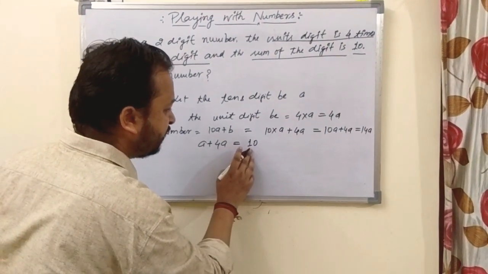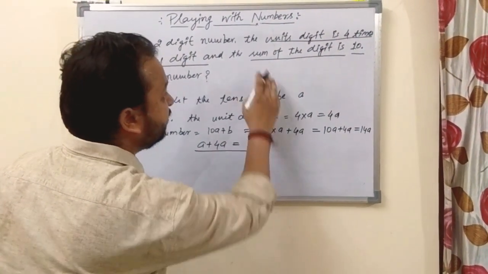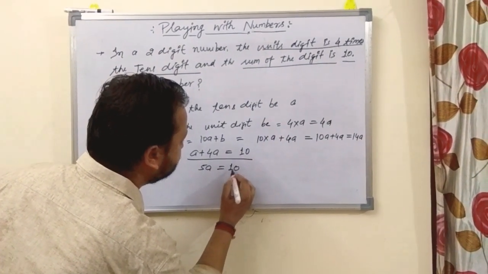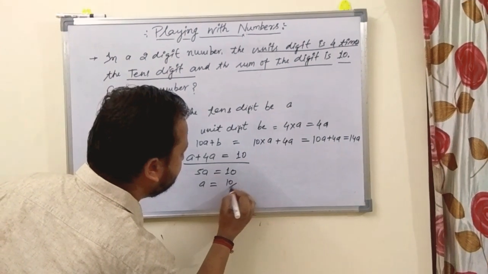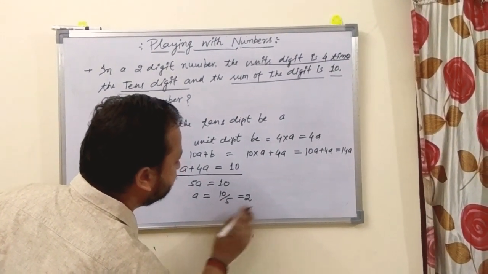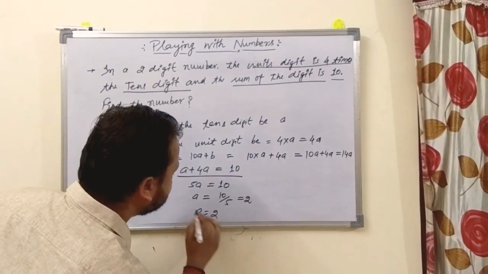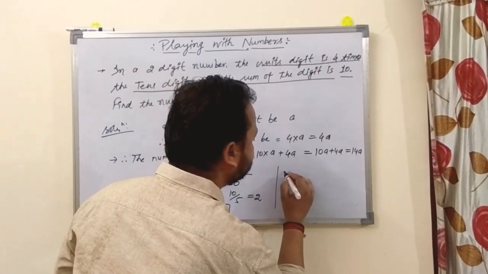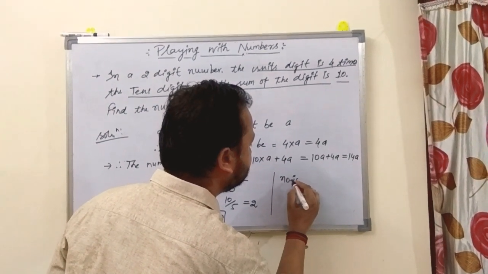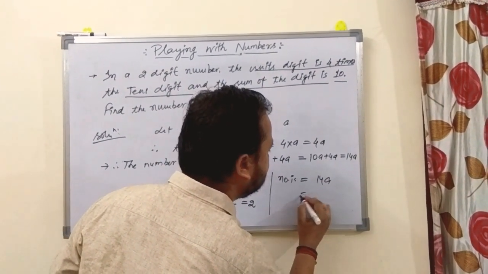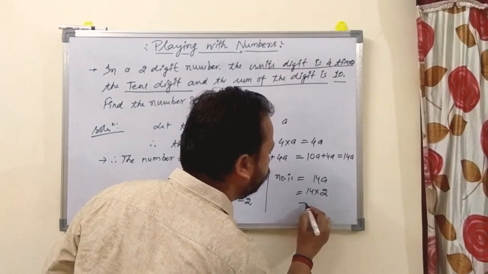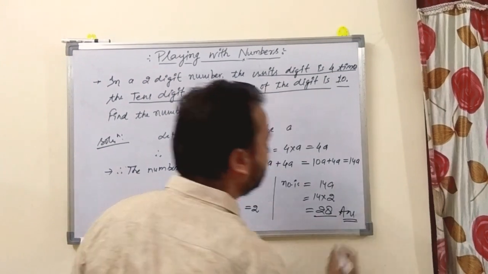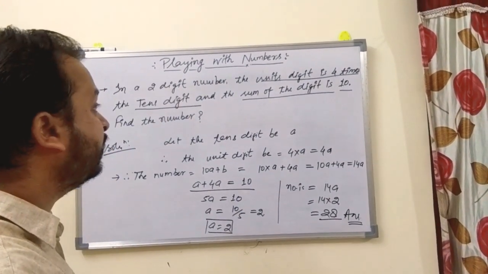So A plus 4A is equal to 10. So 5A equals 10, A equals 10 divided by 5, that equals 2. So A equals 2. Put the value of A in the number. So number is 14A, that is 14 multiplied by 2, that equals 28, and that is the answer, right?